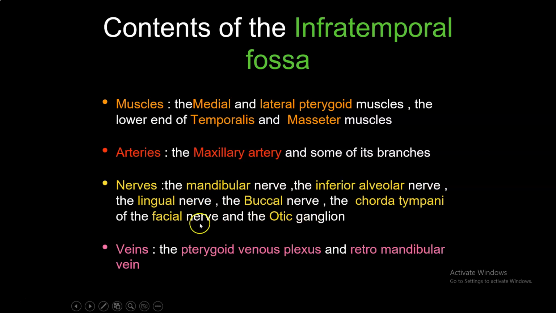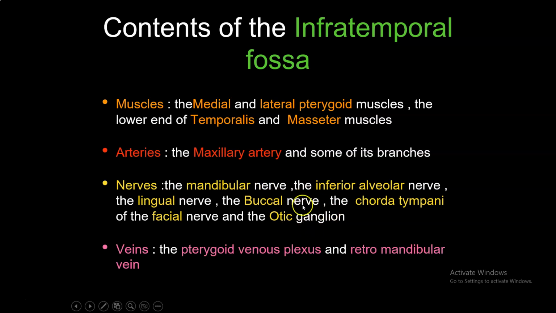And the veins, of course, you all know the pterygoid venous plexus, which is connected with the cavernous sinus, and the retromandibular vein. So contents: muscles, arteries, nerves, and veins. Muscles, medial and lateral pterygoid. Arteries, maxillary artery and its branches. Nerves, mandibular nerve, chorda tympani, and the otic ganglion, not the sphenopalatine ganglion.